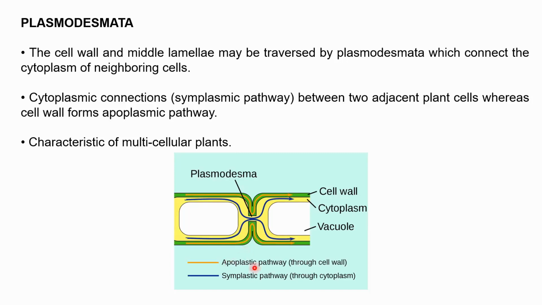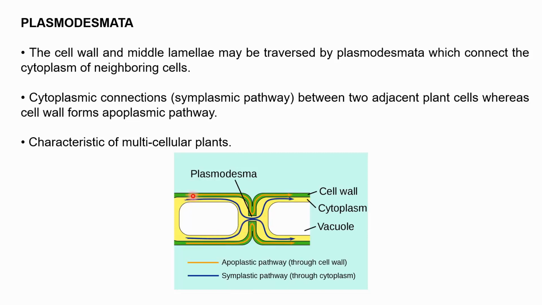The movement of materials can take place through two pathways. Either it can be an apoplastic pathway, or a symplastic pathway. In the figure, the orange line represents the movement of material through the cell wall, and the bluish or purplish line represents the movement of material through the cytoplasm.